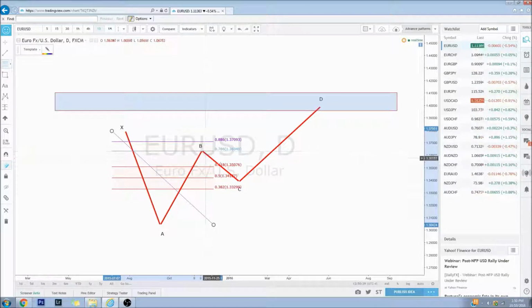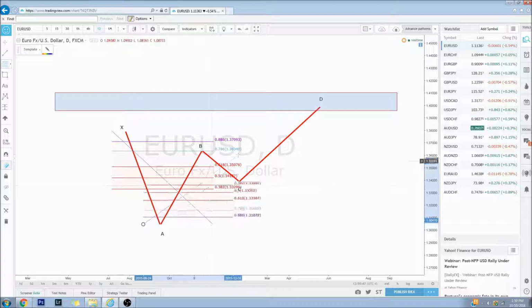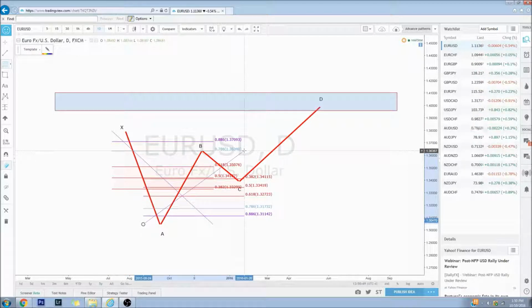Okay, so then we hit the next criteria, which is a more crucial criteria, the C point. And that's a fib retracement of the AB coming into a 382. We can't have just the wick touching the 382. We must have a candle close past the 382, but not at or past the 50%.